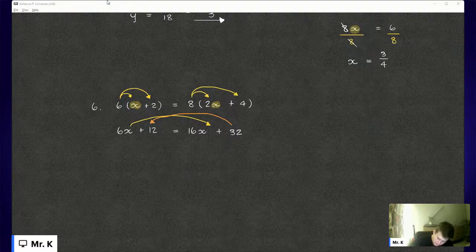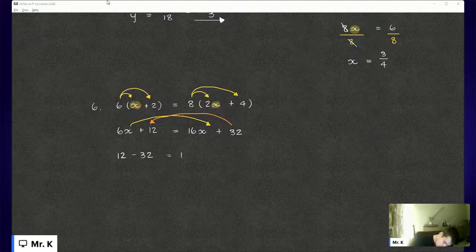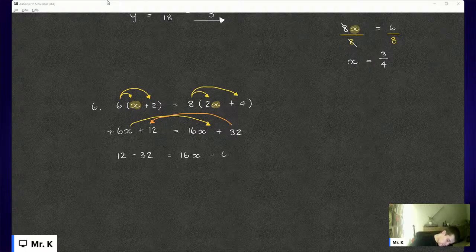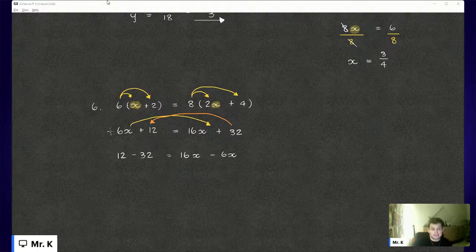Well, if we want to move the 6x, it means we're going to have the 12 still on this side. But when we bring the positive 32 over the equal sign, it becomes a minus 32. All right? On the right-hand side, we already had 16x, but now we want to move 6x across. This is a positive 6x. So when it moves across, it must become a minus 6x.